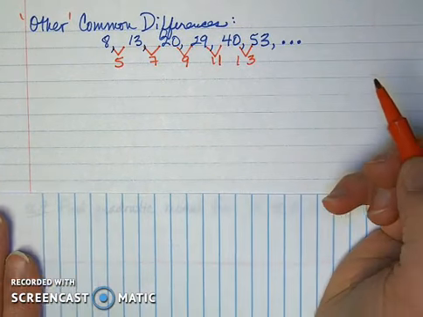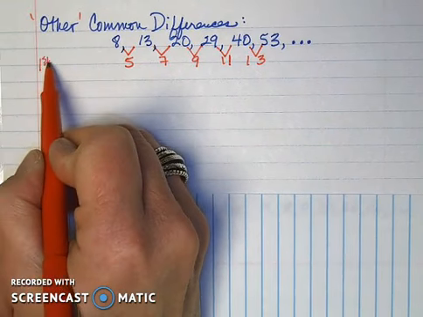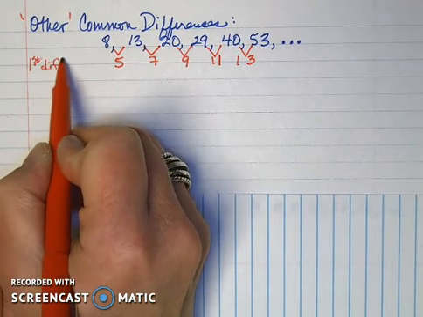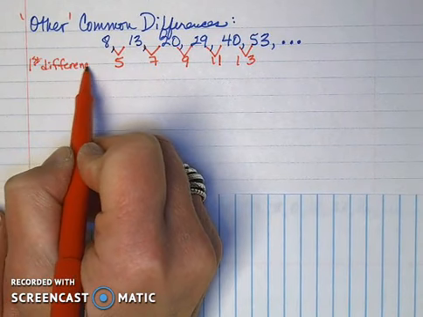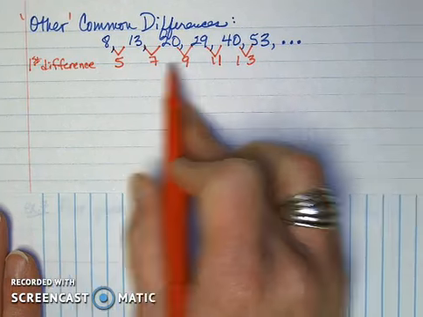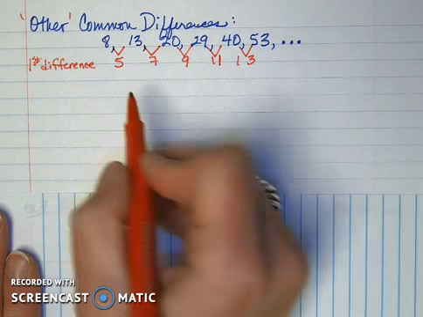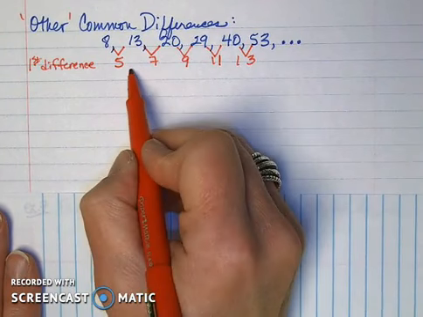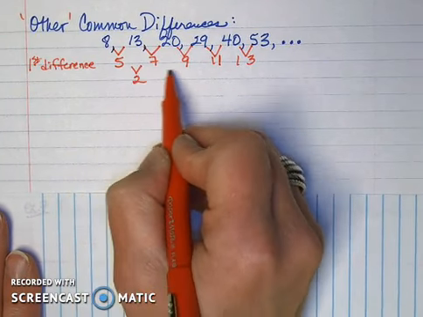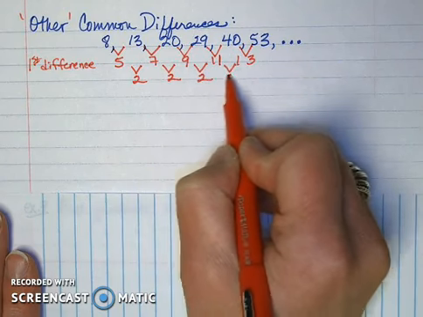All right, that is what we call the first difference, because it's the first difference we did between the values. Well, let's try to get it again. Let's try subtracting again. If I do that again, oh, look at that. That's 2 and 2 and 2 and 2.